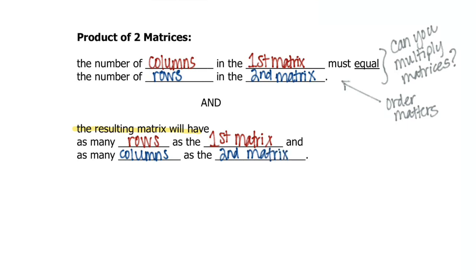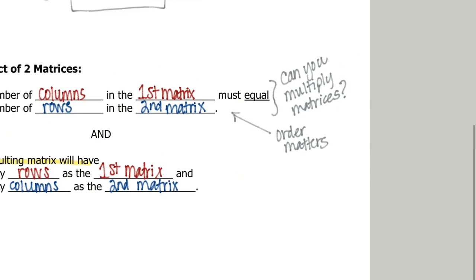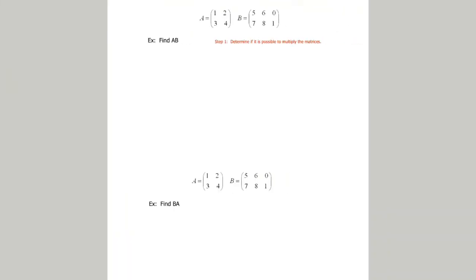There's a neat way that I show this so that you don't have to remember all these words, but you can always refer back to what I've just said right here. So let's do this.